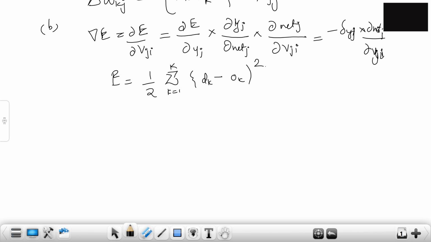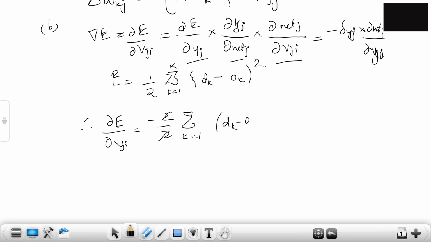Similarly, we are doing it over here. Therefore ∂E upon ∂y_j equals, minus, the 2 and 2 get cancelled, and we get the summation. Same as we did for the previous one, just take the derivative of all this: (d_k minus o_k) times ∂ of f of net_k.